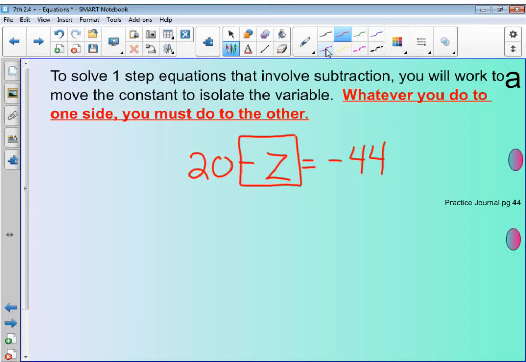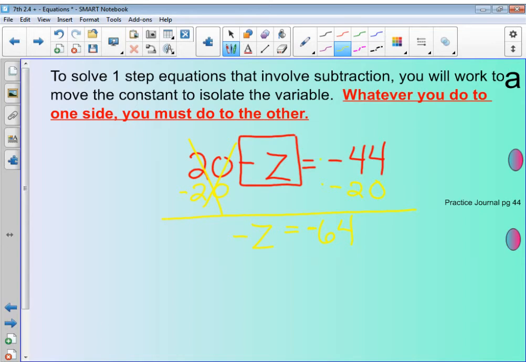So we're going to do negative 20 to cancel it out. Negative 20. Okay, we end up with a negative Z equals, same symbol, find the sum. So 44 plus 20 is 64. Apply the same symbol. So I have negative Z equals negative 64.